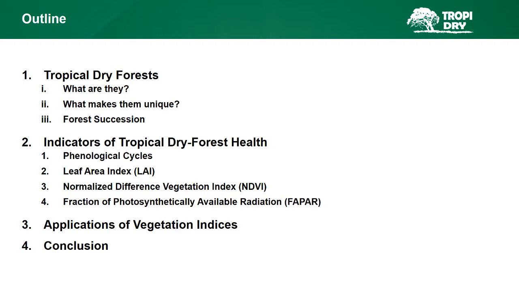These are very good to use because we can use satellites in order to get these vegetation products like the normalized difference vegetation index or the fraction of photosynthetically available radiation, which then allows us to be able to monitor vegetation health on a global scale. So a lot of these are more modern methods. Then we will talk about the applications of these vegetation indices, and then I will have my concluding remarks.